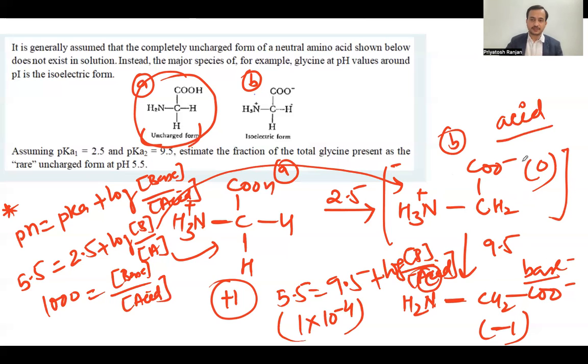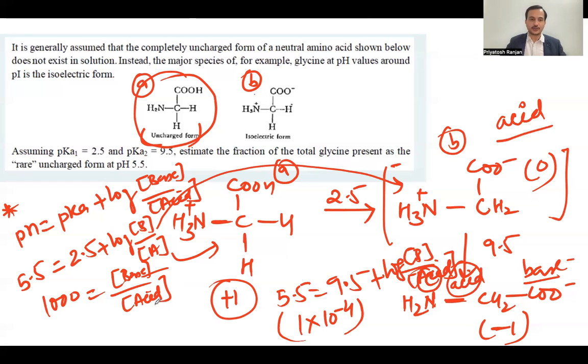So this isoelectric species is now working as an acid, which is in the denominator. Here, the isoelectric species is working as a base, which is there in the numerator. So I need to use the same format.